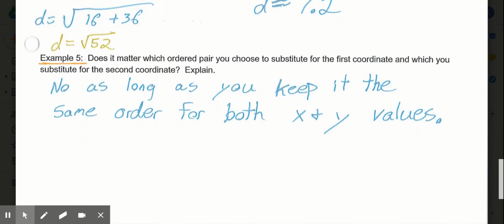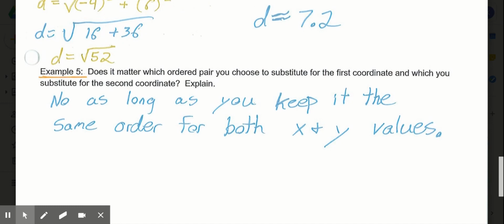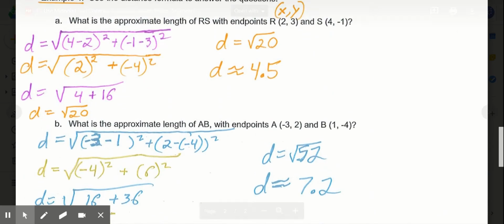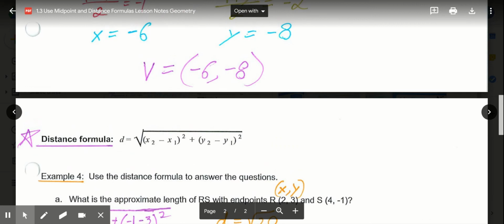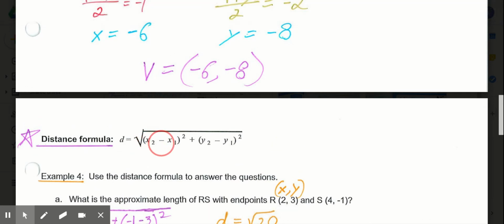And then example 5. In example 5, does it matter which ordered pair you choose to substitute for the first coordinate and which you substitute for the second? Explain. So they're asking, does it matter which ordered pair we use for our first or our second coordinates?